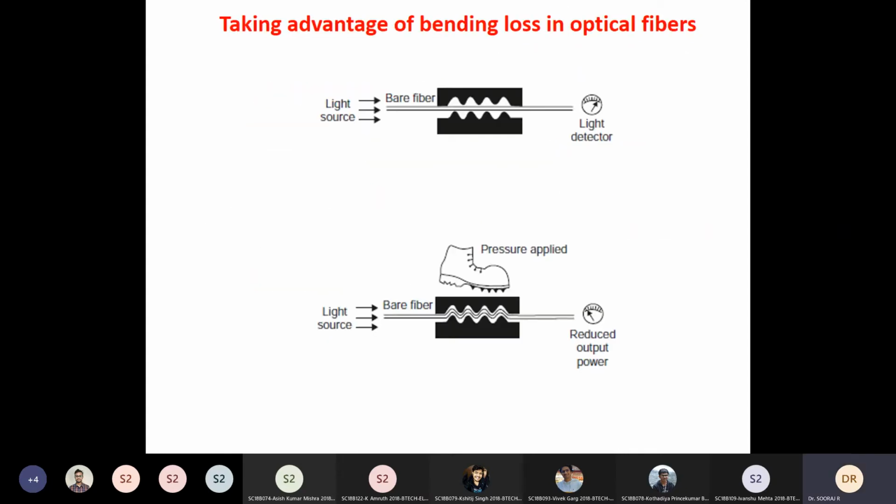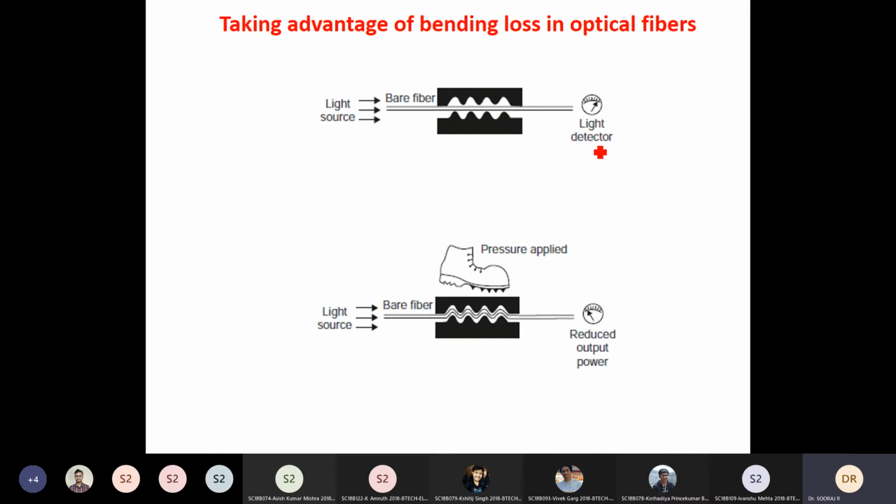Okay, so bending in an optical fiber is not always a disadvantage. For example, you can exploit the losses that happen in bending for detecting something. Let's say you have a straight optical fiber with a light source, and I'm not applying any mechanical pressure. So whatever light I'm launching would appear at this point.